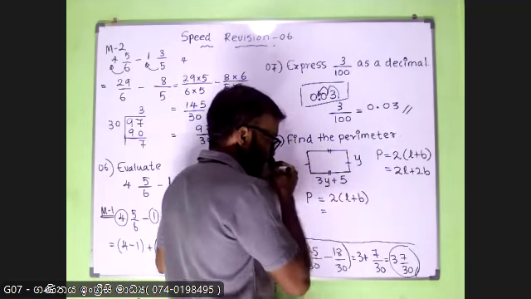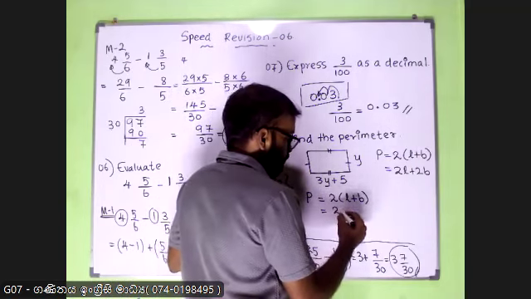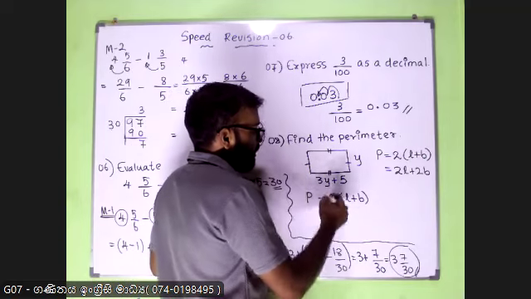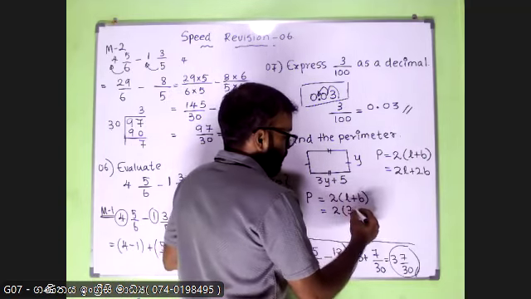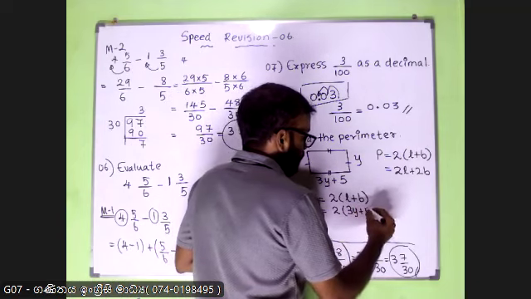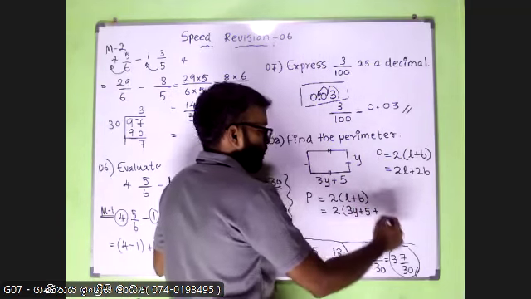So equal mark. 2 times length is 3y plus 5, and breadth is y.